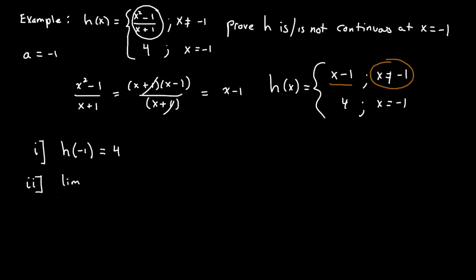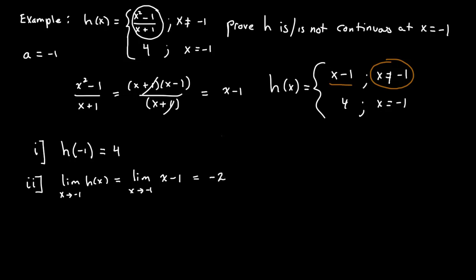So the limit as x approaches -1 of h of x equals the limit as x is approaching -1, not equaling -1, but approaching. So that behavior as it approaches is this line. And then with some substitution, I see that that is -2.